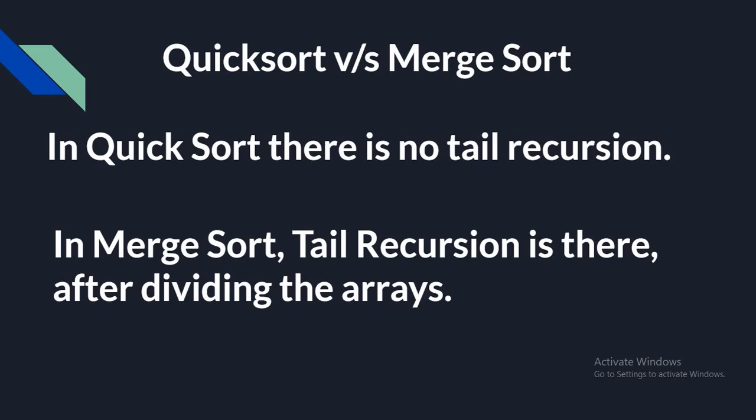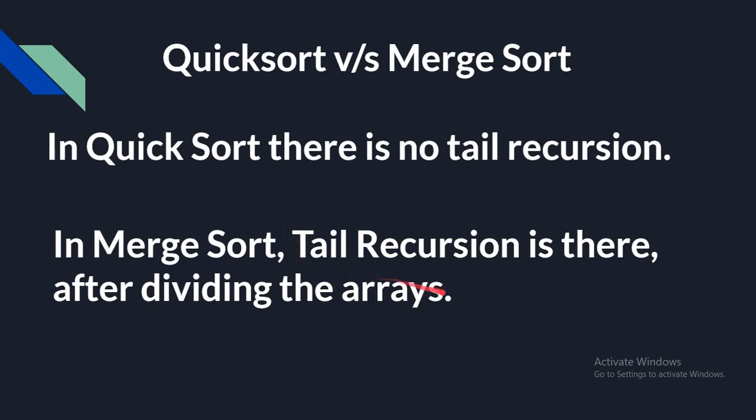That means when we divide our array and after dividing the whole array, we again check those arrays. So after the recursive call there is another statement. That's why it's not a tail recursion function. That's why it is slow.